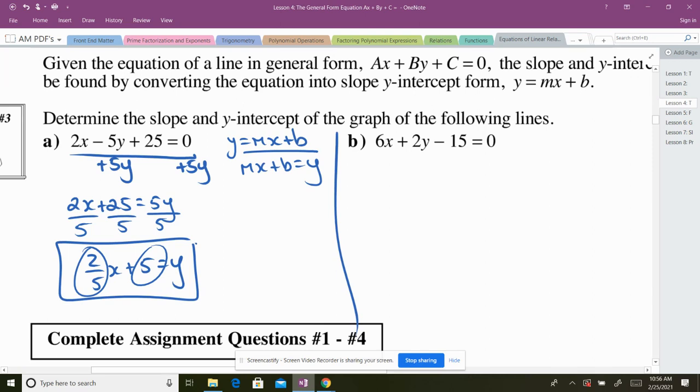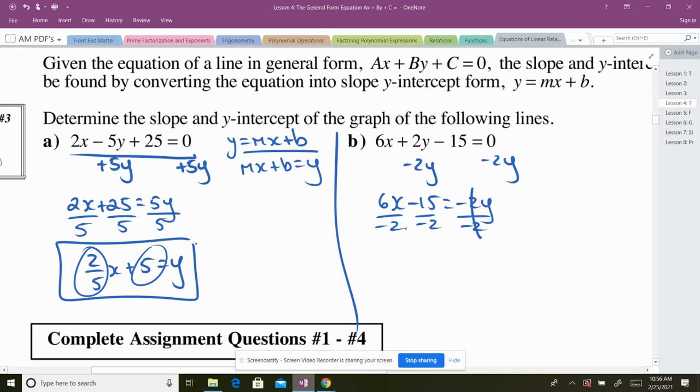What do I do? What should I move here? You want to move the 2y? All right, so we take negative 2y, 6x minus 15 is equal to negative 2y. And what? Divide by negative. So what happens when you divide by a negative? Watch your signs on the other side. They're going to flip, right? So those go away.